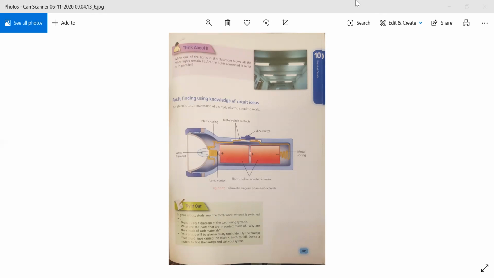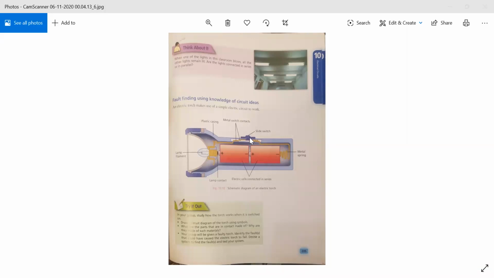Beta, first of all, we should know its parts. This is a lamp filament, and there should be two electric cells connected together, one positive and one negative. Either it can be an electric cell or a battery. The negative should connect with the positive of the other battery or cell, and the negative again with a metal spring.